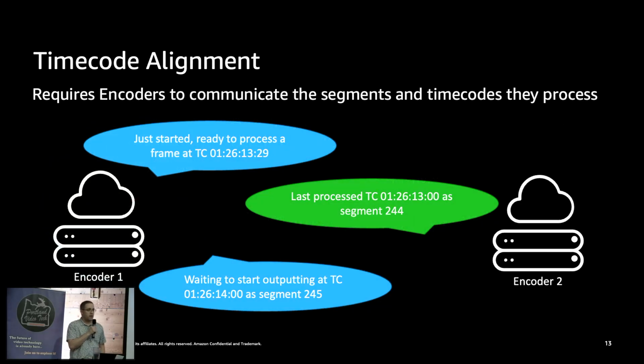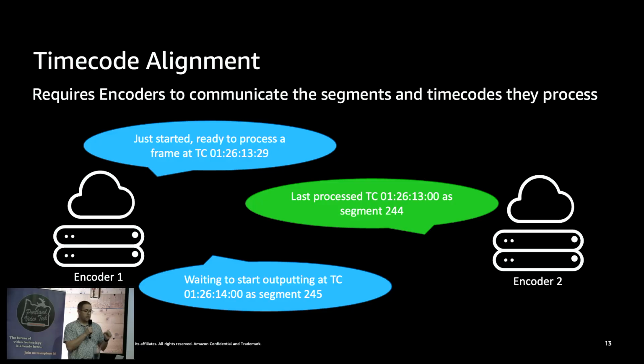Sync is really about communication between the encoders. In this example, I've got encoder 1 that's just now starting up and encoder 2 that's been running for a while. Encoder 1 looks at the timecodes embedded in the input stream and goes, the frame that I'm first seeing at this moment in time has this timecode. I've got an example here that's 126, 13, and 29 frames. But the other encoder has been running for a while, and it's already been conditioning segments and outputting them.